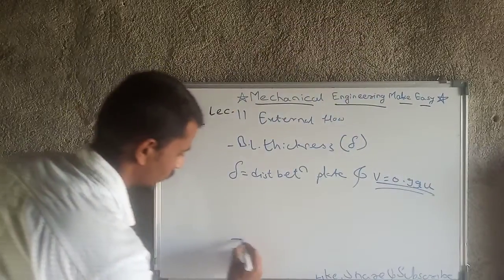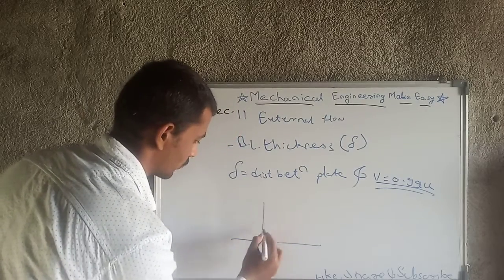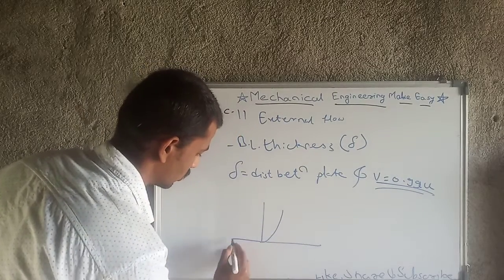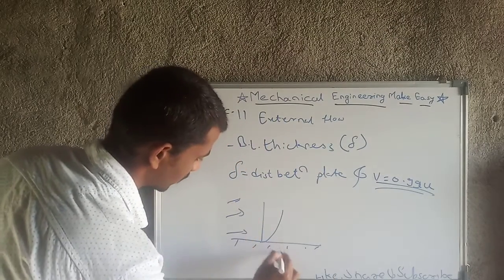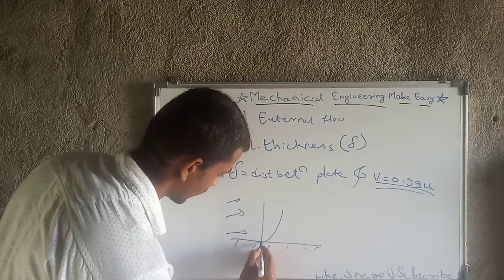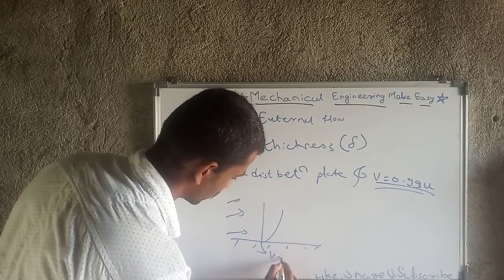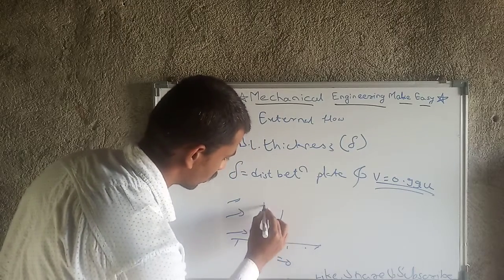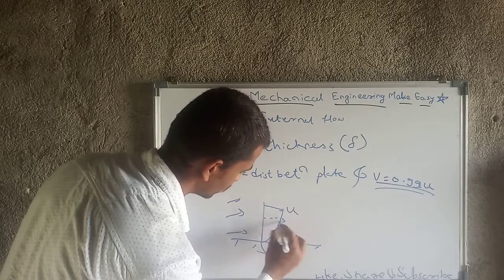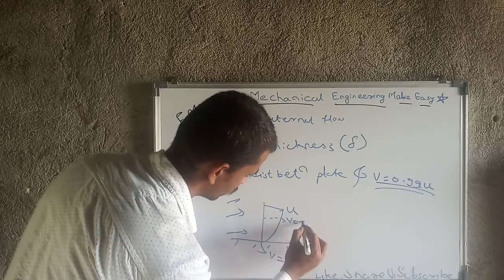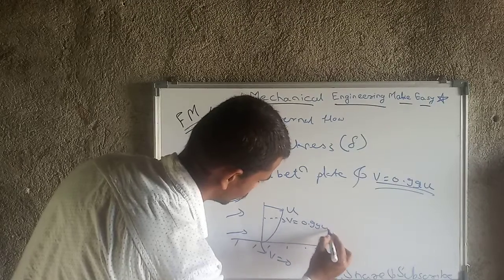Okay, I will give you an idea by figure. This is the flow, this is a flat plate. So what happens here, the velocity is equal to 0. Here maybe the velocity equals u, and here the velocity will equal 0.99 u.